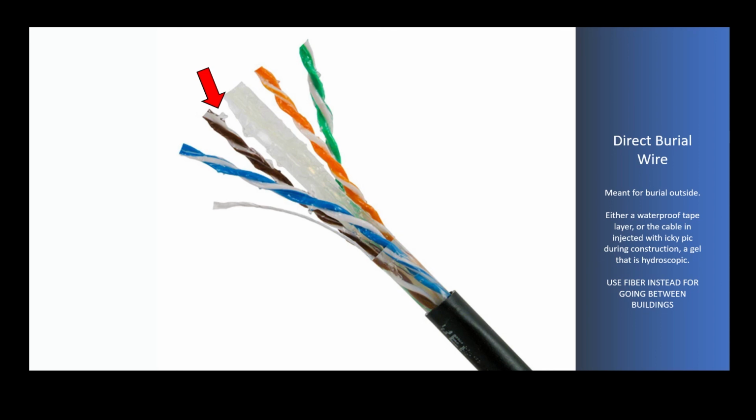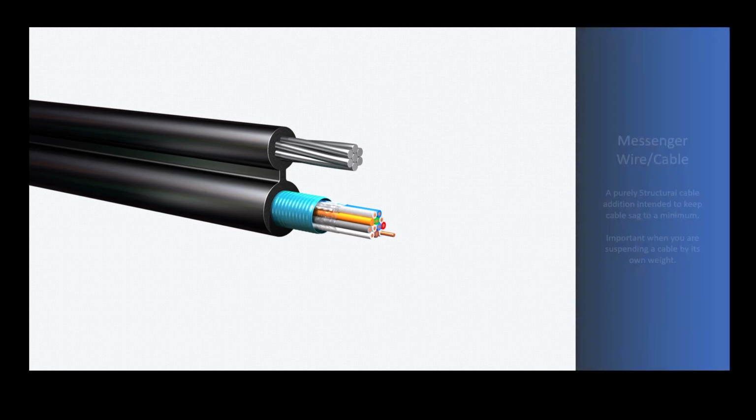And then finally, the last bit we need to worry about here is what's called a messenger wire. And this is just purely structural. It's meant for aerial wire. So if you're hanging wire to go in between two buildings and it's just suspended in the air, a messenger wire makes it so the cabling that you're using to transmit data isn't suspended by its own weight.